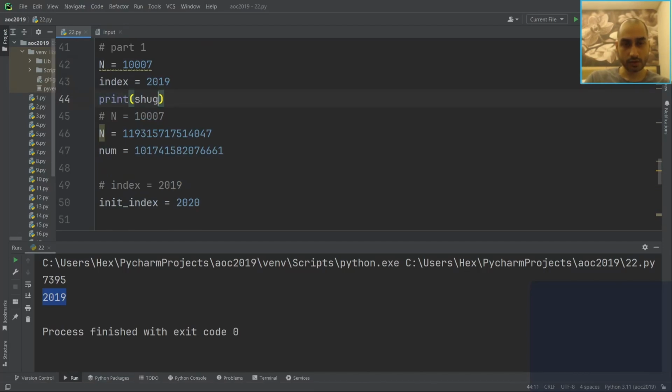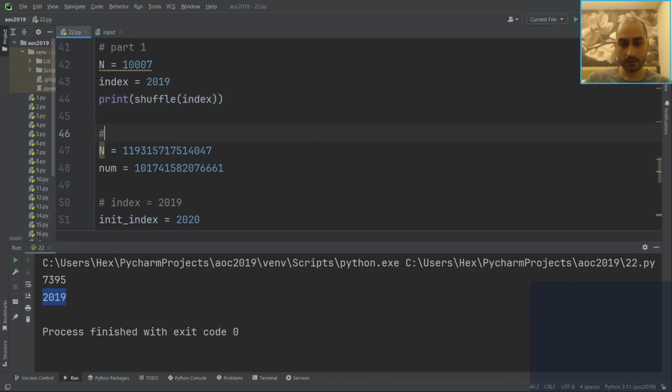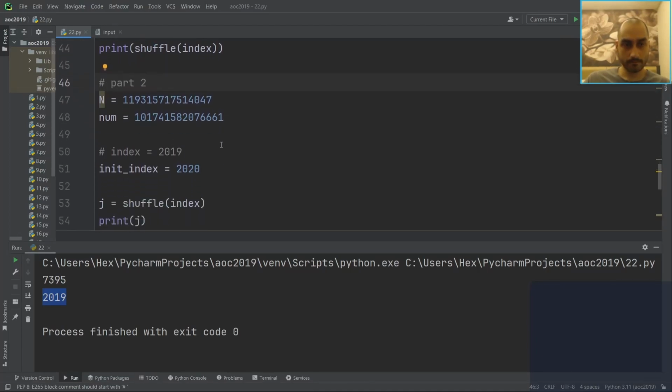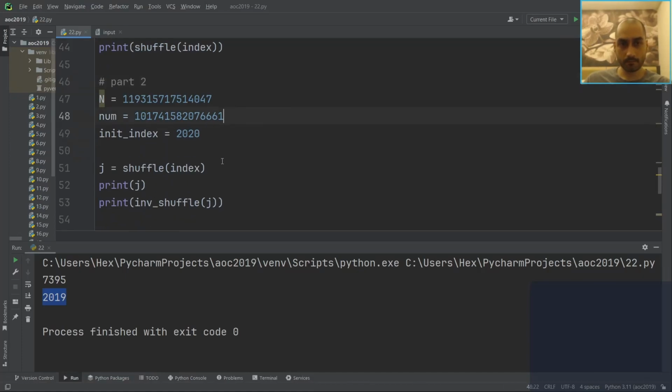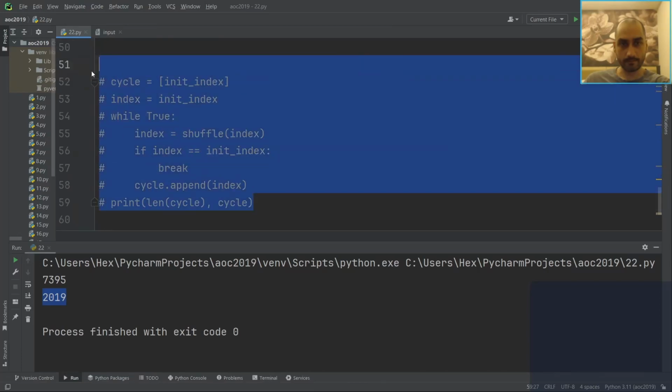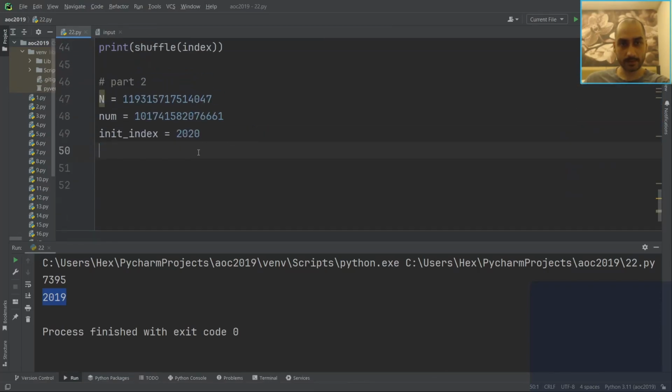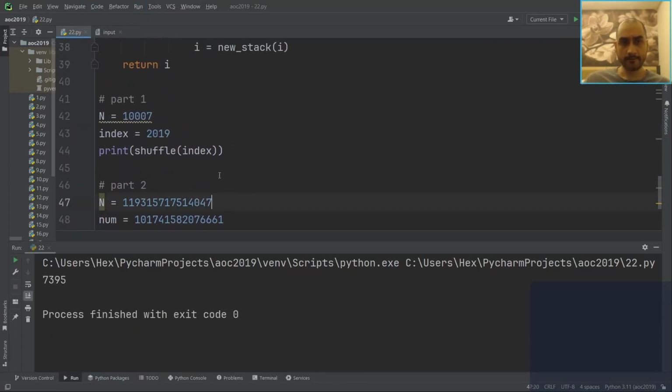Print shuffle index, that's it. Okay. Get rid of this. Part 2. Does this still work? 7.95. Okay.